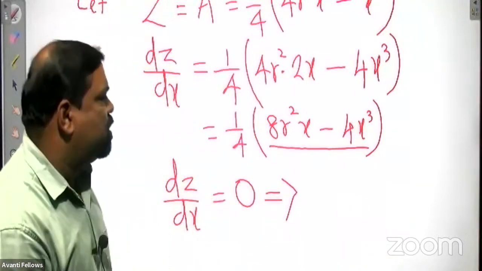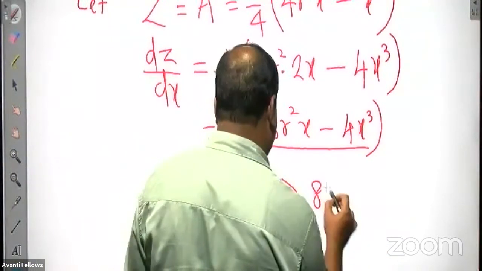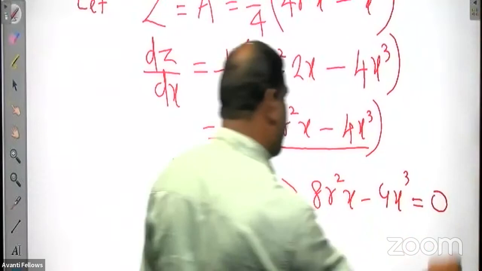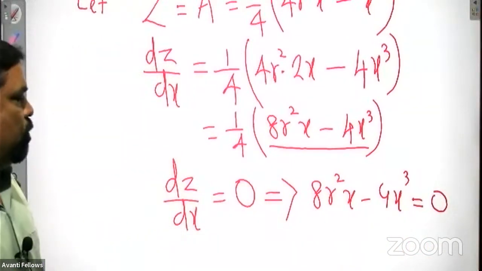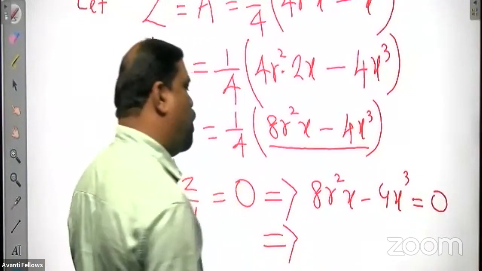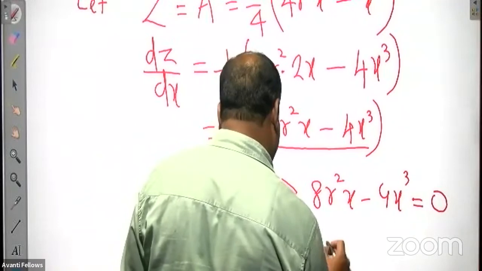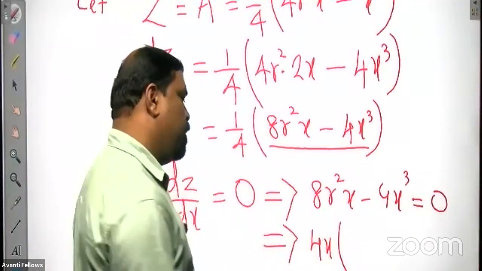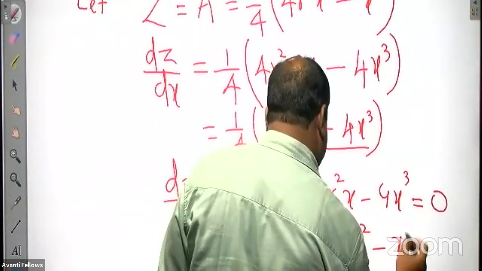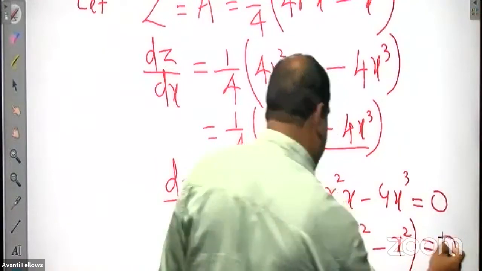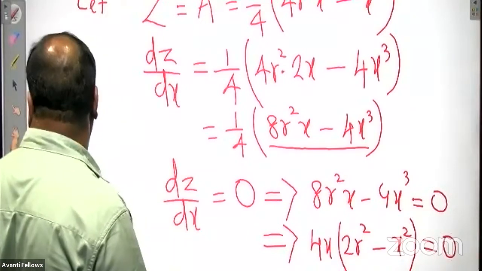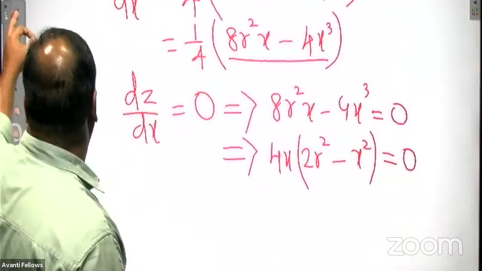So 8r square x minus 4x cube must be equal to 0, which implies 4x is a common factor. So 4x into, in bracket, what is remaining? 2r square minus x square equal to 0. Common factor 4x taken outside. Normal simplification.